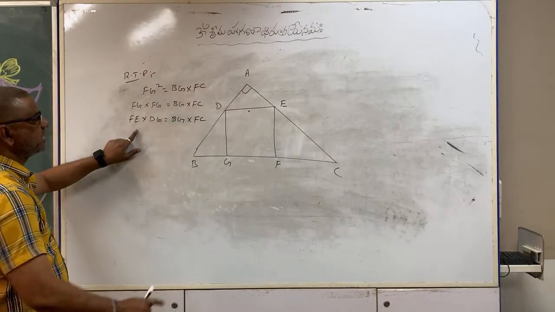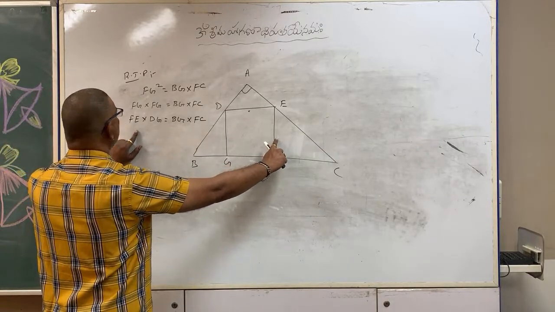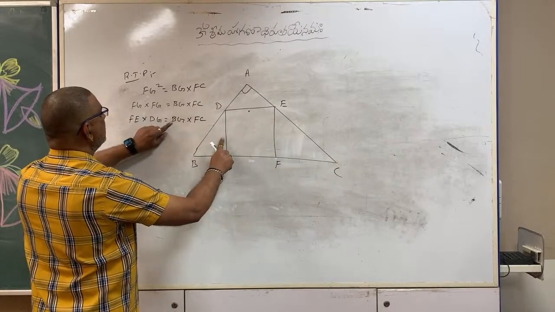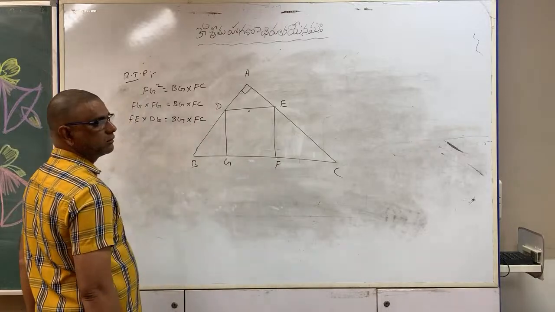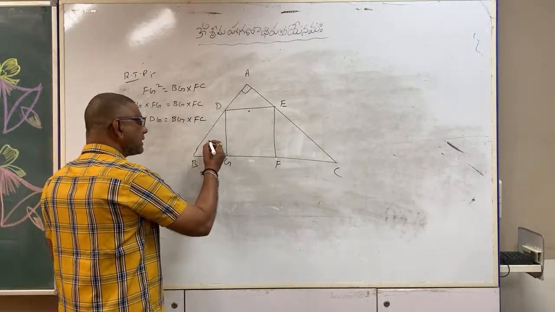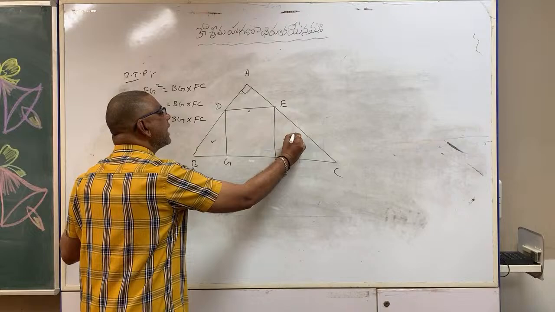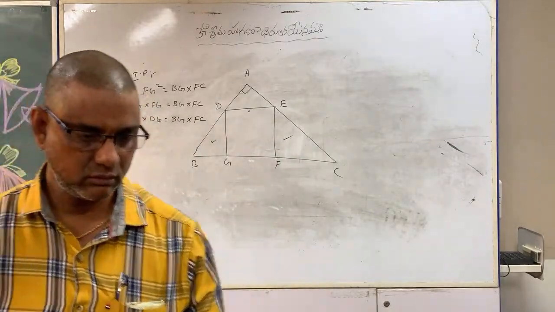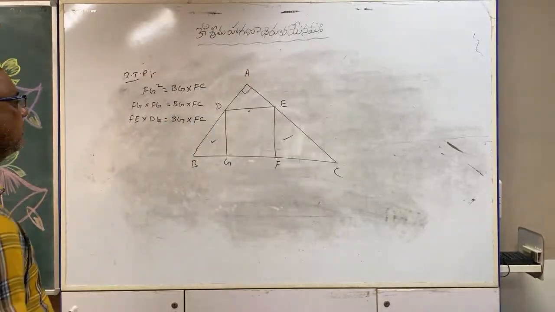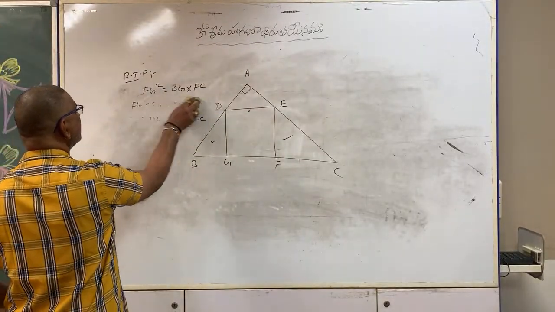Now observe FE, this one, DG, this one, BG, this one, FC, this one. If we succeed in proving these two triangles are similar, then the problem is done. That is what we have to understand.